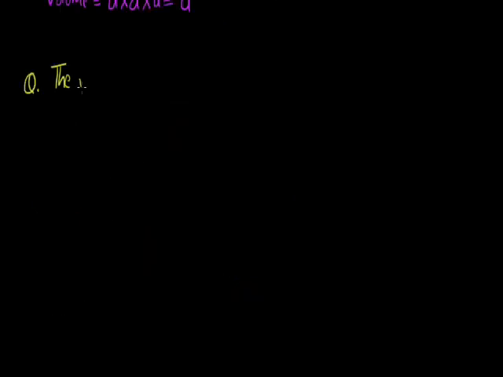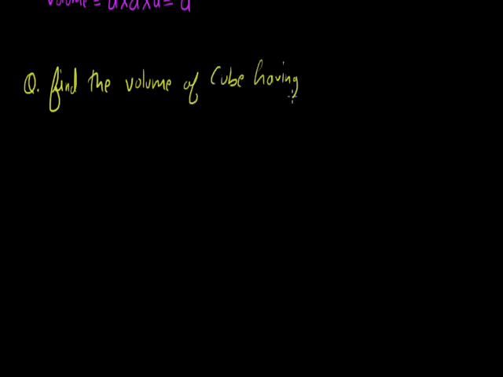Now the first problem: find the volume of a cube having total surface area of 150 centimeter square. We have to find the volume of a cube whose total surface area is 150 centimeter square.